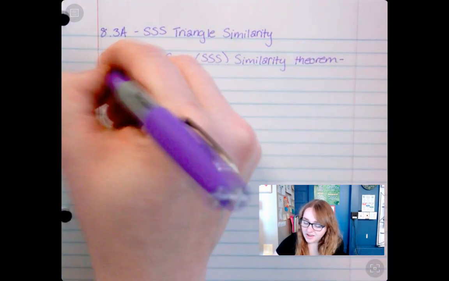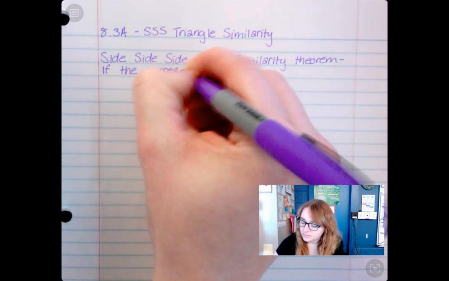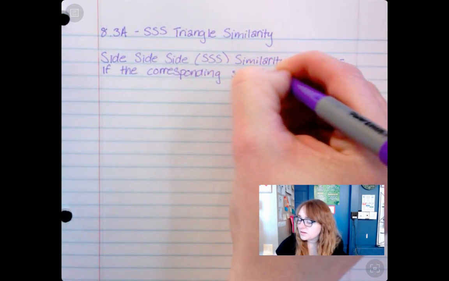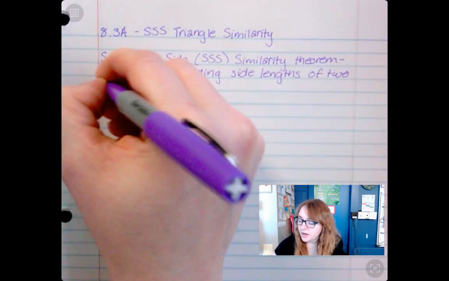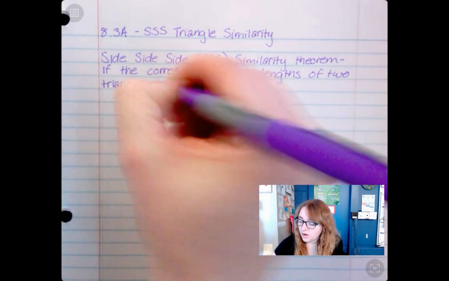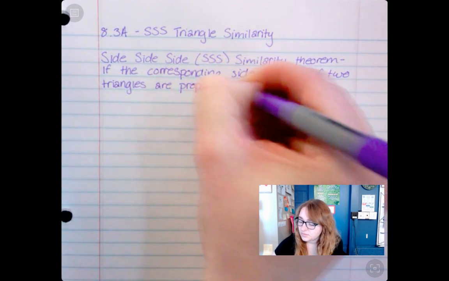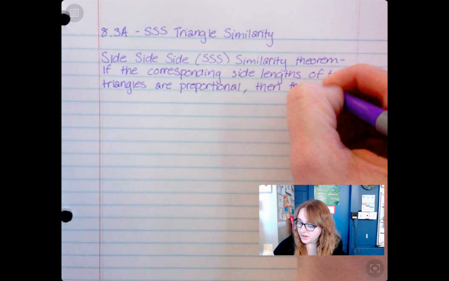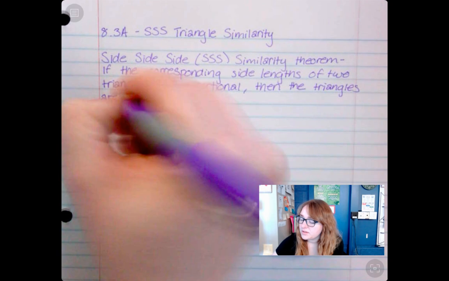says that if the corresponding side lengths of two triangles are proportional, then the triangles are similar.